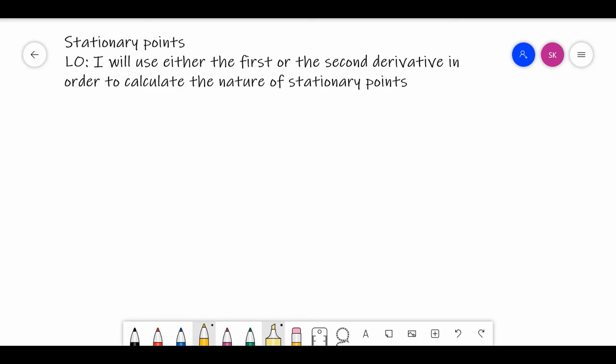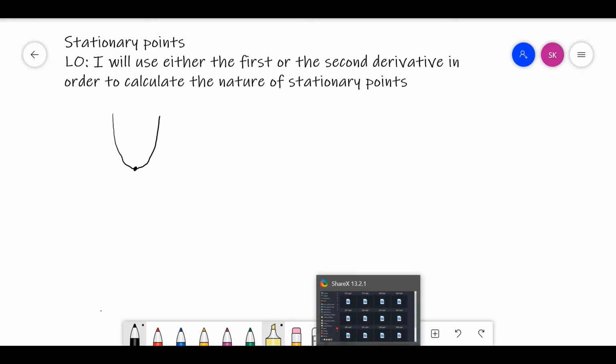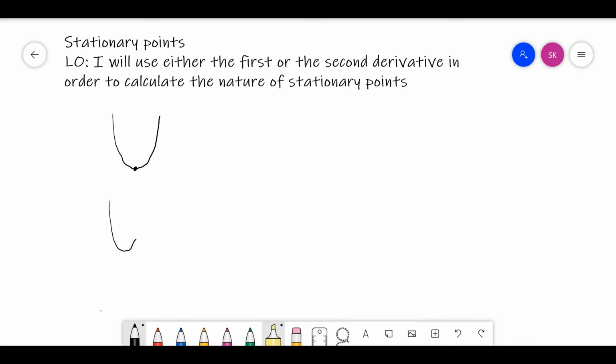So today's lesson is all about stationary points. I'm going to show you 3 different types of stationary point that exist on a curve. This type, which is the same as this type.